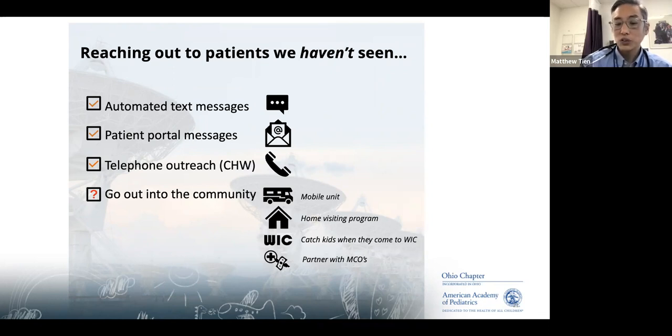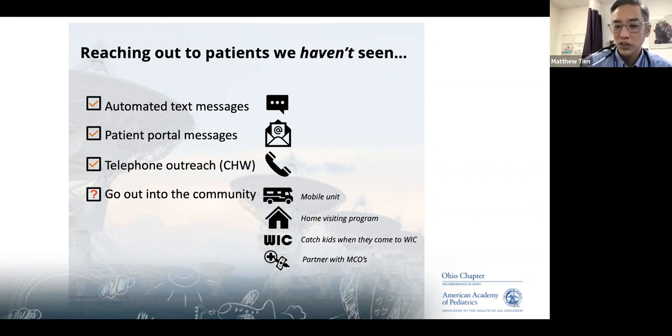For telephone outreach, we have our community health workers track down some of our patients who are overdue for lead. That is also a laborious process, but for kids who seem way overdue and also have immunizations and well visits that are overdue, she'll track them down by phone. We've tried going out into the community too, and that hasn't been super successful.